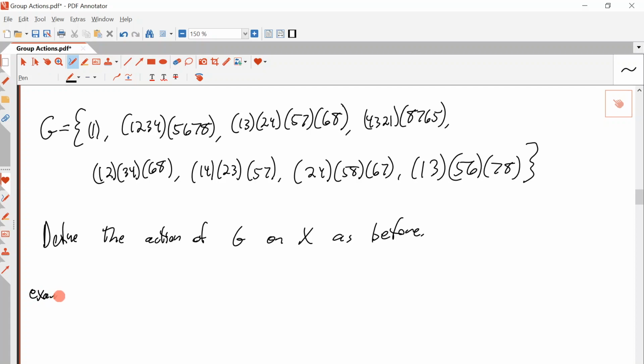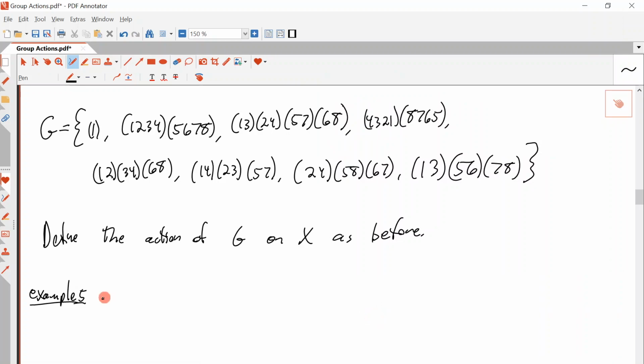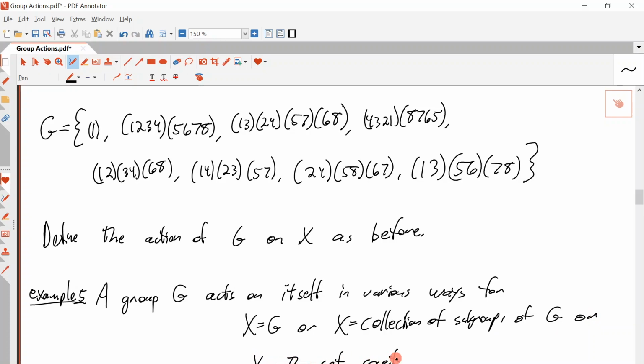Example 5. I'm not going to go over these in any detail, but in example 5, a group G acts on itself in various ways: for X equal to G, or X equal to a collection of subsets or subgroups of G, or X equal to the set of cosets of some subgroup.